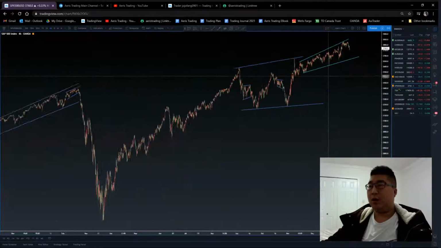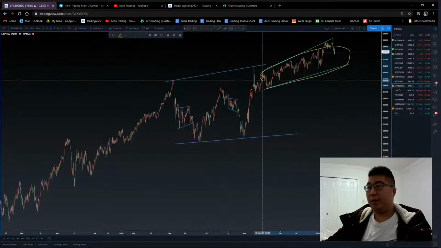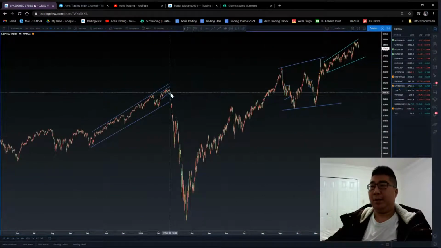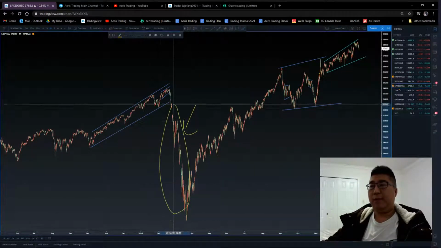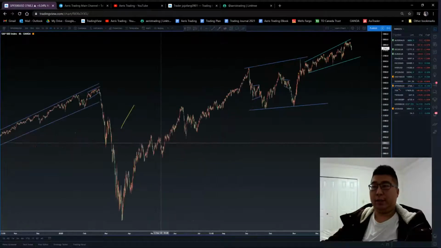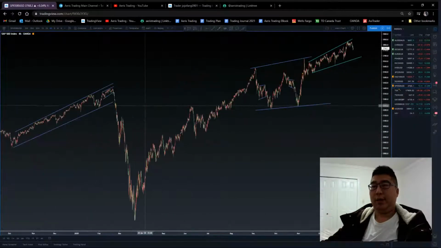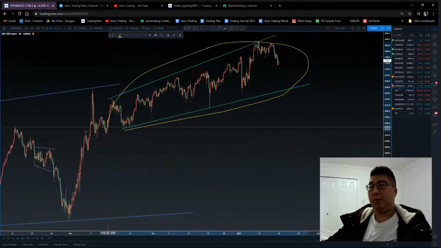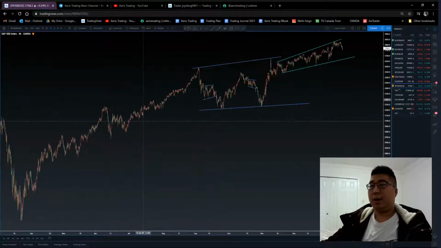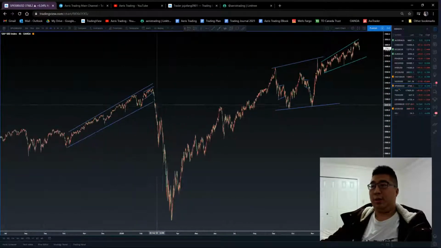So this is clearly showing us a very good possibility that we can repeat that similar bearish move. It may not be like the COVID drop, but it certainly can be. It's a very key area or key time now to be looking at these indices for potential reversal.